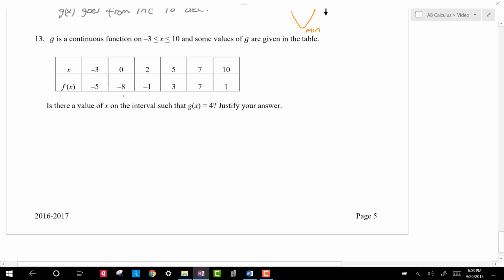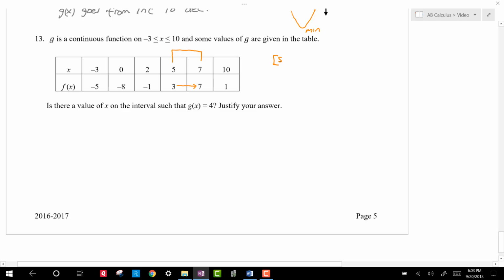Absolutely. But when I jump from 3 to 7, I know that there's got to be a g of x value equal to 4 in between 3 and 7, because this is going up from 3 to 7. So I could use the interval from 5 to 7.